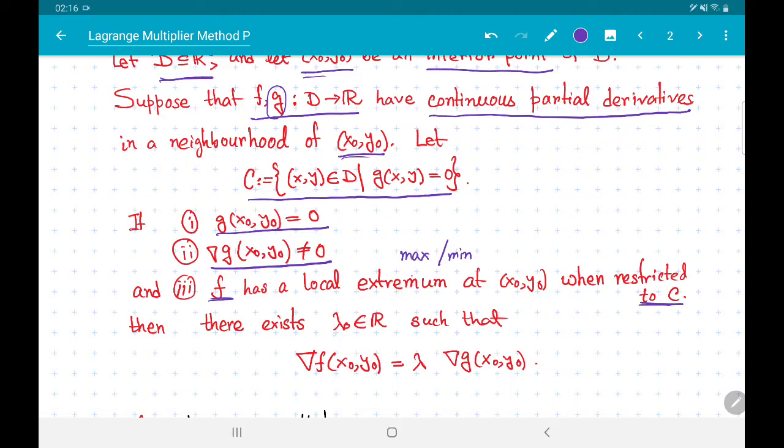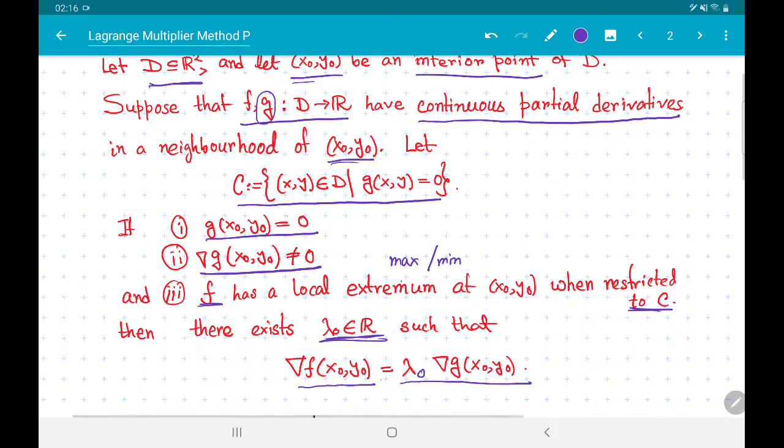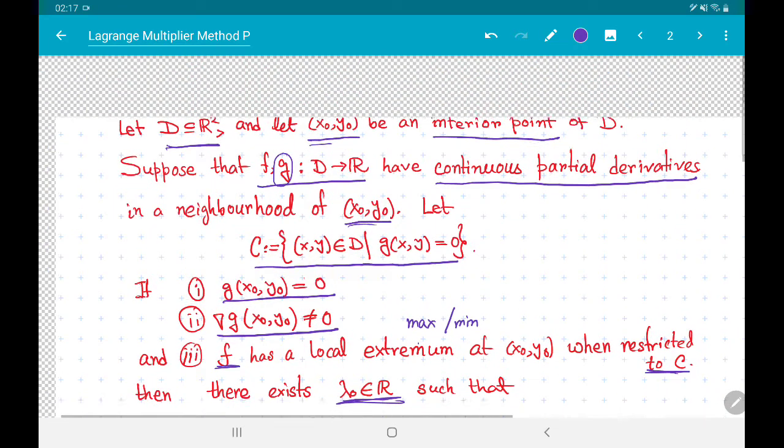Then there exists a lambda 0 in R, a real number lambda 0, such that the gradient of f at the point x0, y0 is lambda 0 times the gradient of g at the point x0, y0. These two quantities make sense because f and g have continuous partial derivatives in a neighborhood of x0, y0.